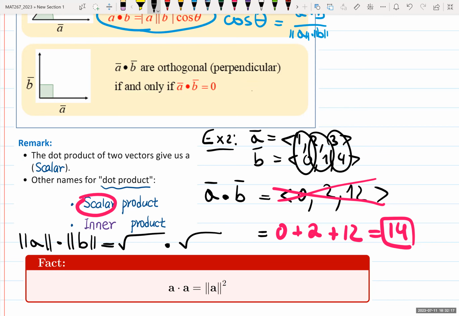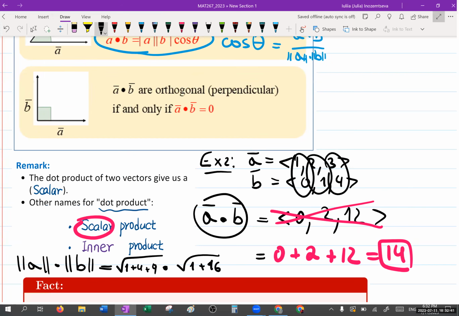You find the size of each: for 1, 2, 3 that's the square root of 1 plus 4 plus 9, and for 0, 1, 4 the square root of 0 plus 1 plus 16, and multiply those two numbers. Make sense? So make sure you understand the difference. Checking. Good.